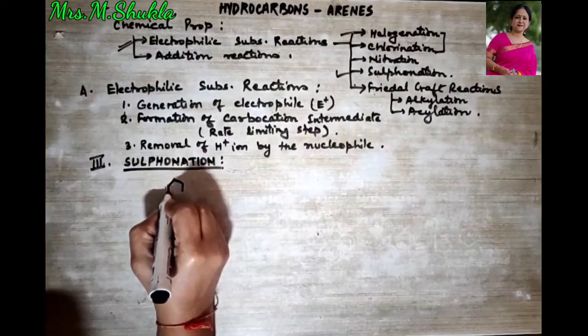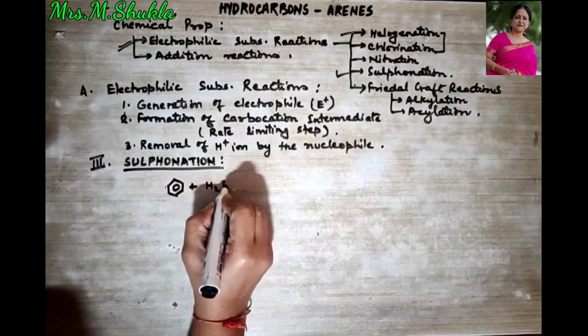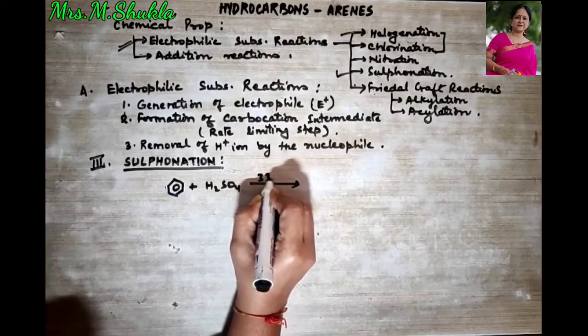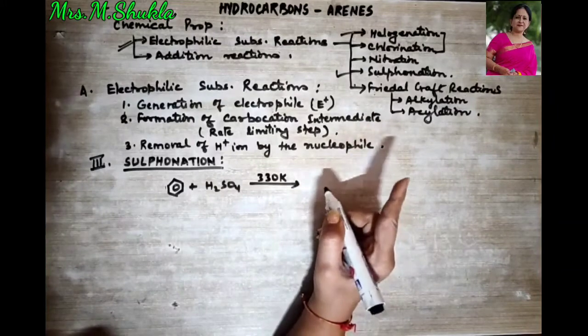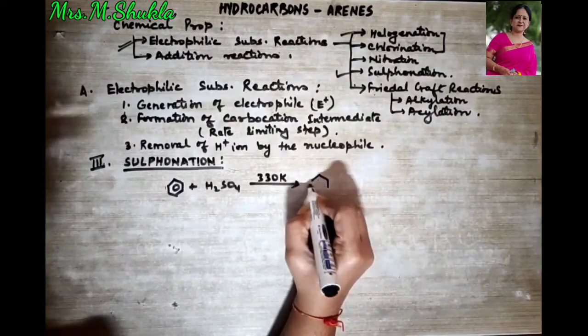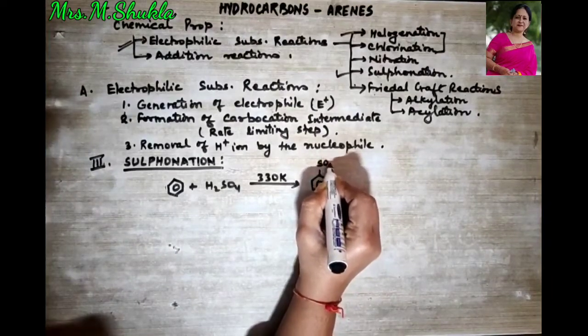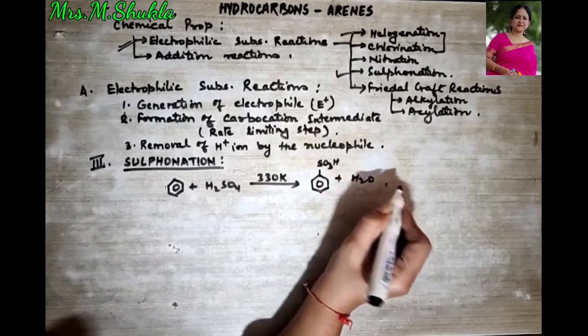The benzene, when treated with concentrated sulfuric acid at 330 Kelvin, it is going to give us benzene sulfonic acid. What is the formula of benzene sulfonic acid? SO3H plus H2O will be formed.